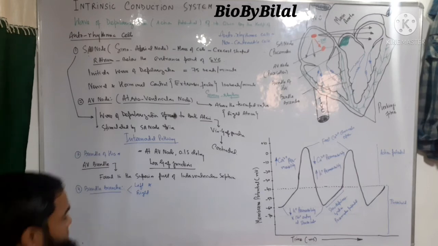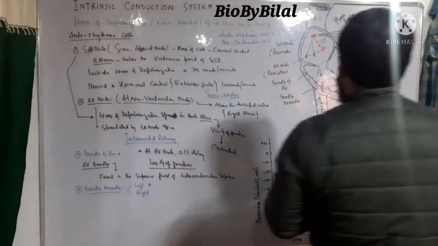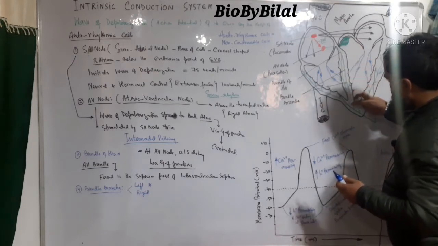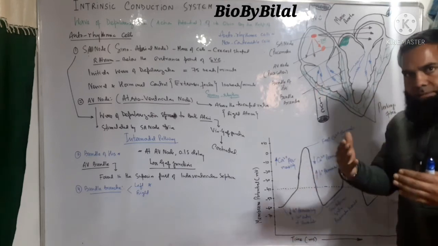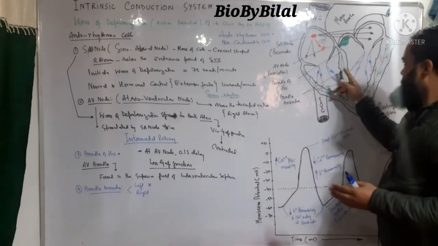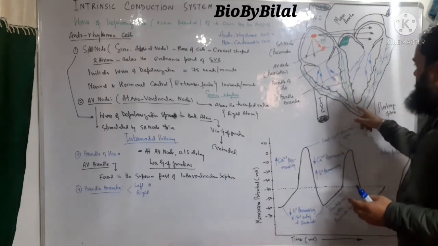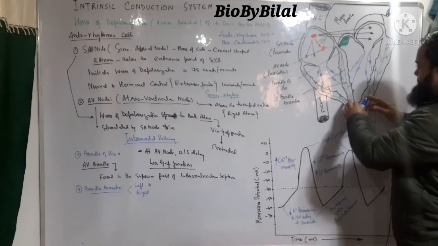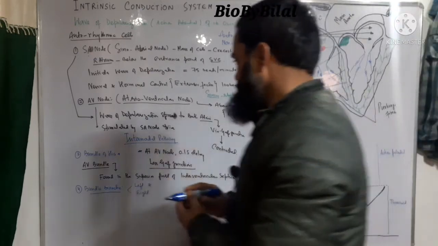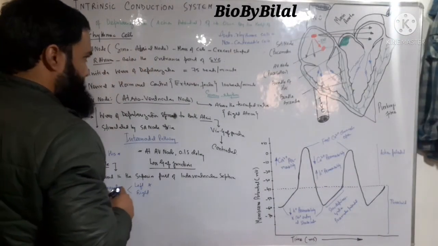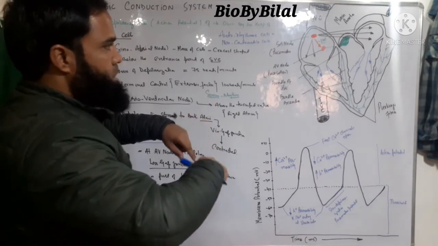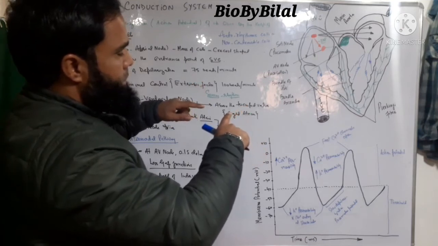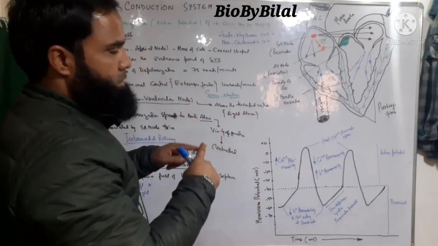These arise from the bundle of His and go towards the apex of the heart through the interventricular septum, and then they turn superiorly and go towards the upper parts of the ventricular walls.